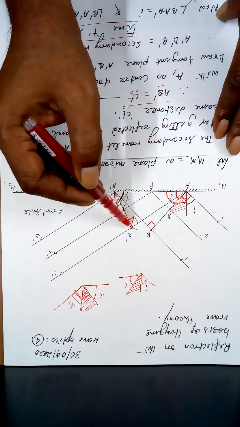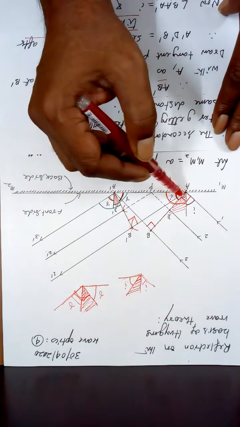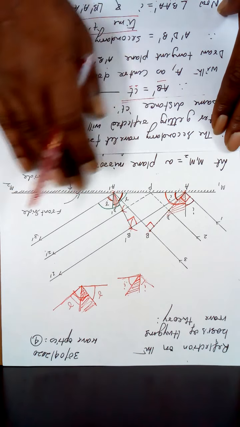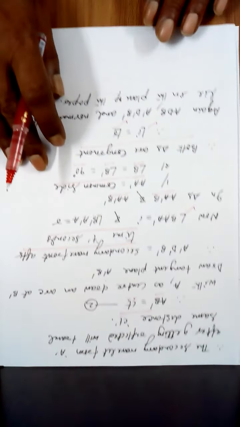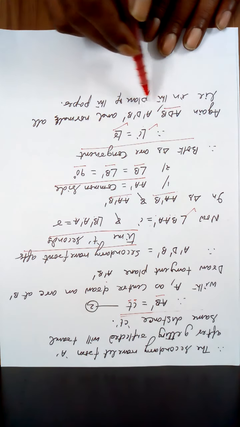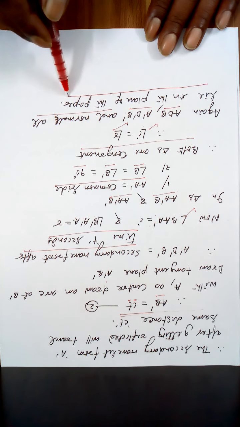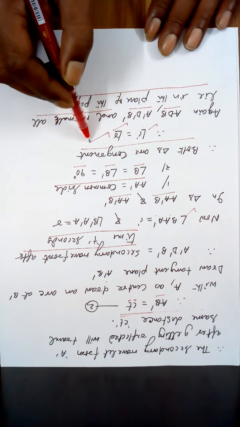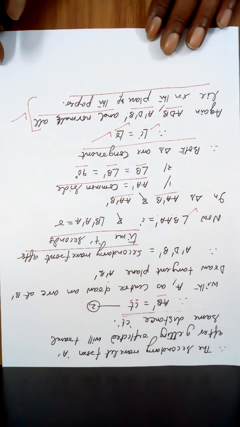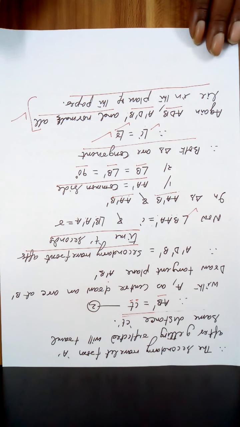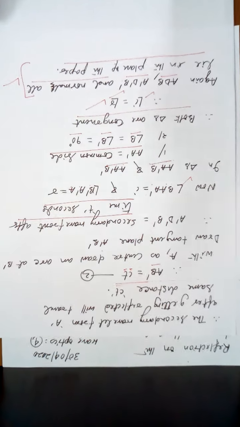A dash, D dash, B dash is the reflected wavefront, and the normal here and the normal here, they are lying in the plane of the paper. So the incident wavefront, the reflected wavefront, and the normals all lie in the plane of the paper. So this was the first law of reflection. This was the second law of reflection. So laws of reflection are proved using Huygens wave concept, that is wavefront concept.